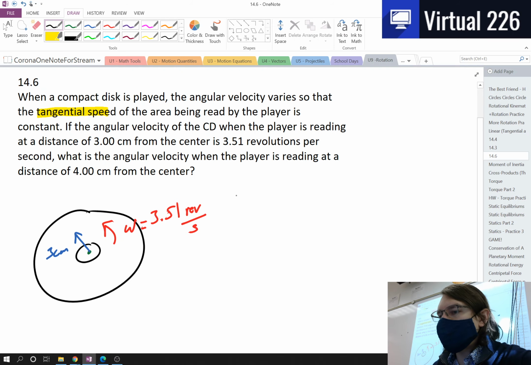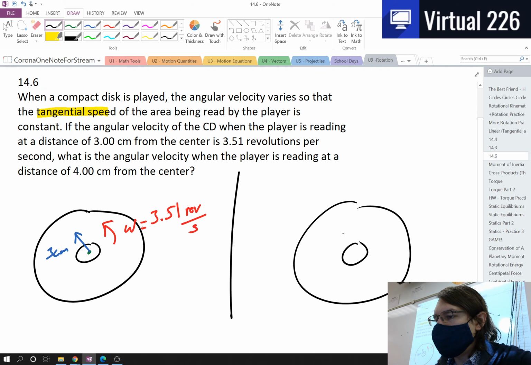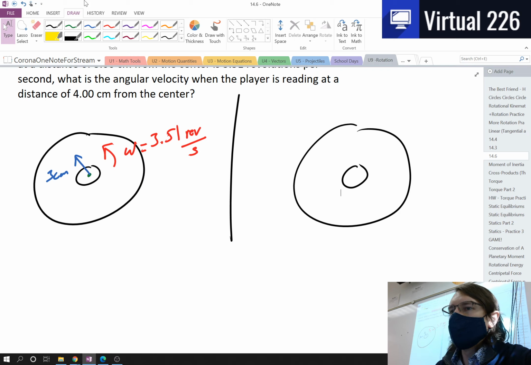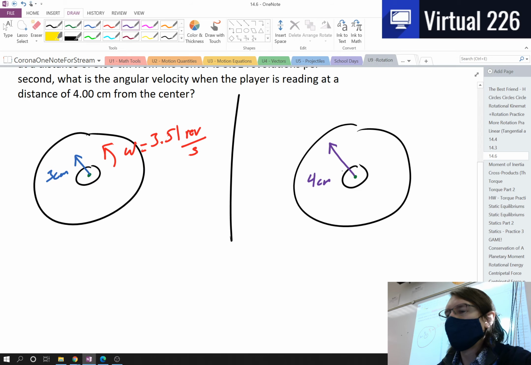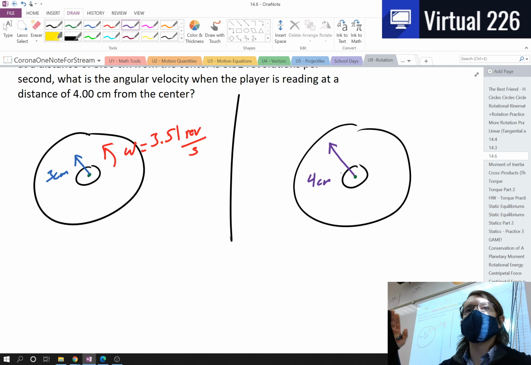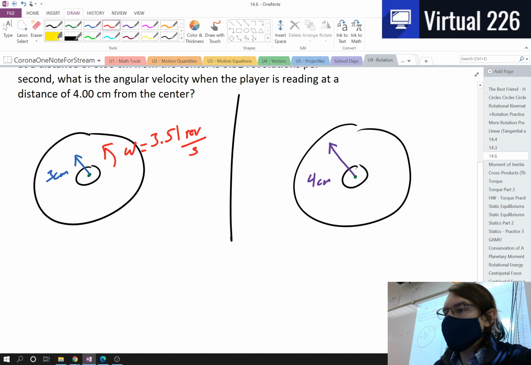On the flip side, we've started to read a different part of the CD. We're still rotating around the center, but this time we're not at 3 centimeters out. We are at 4 centimeters out. So we know since we've moved farther out on the CD to where the disc would be moving faster linearly, this omega has to change.